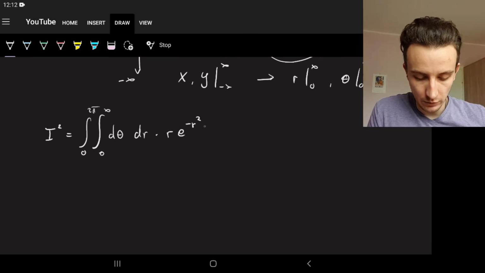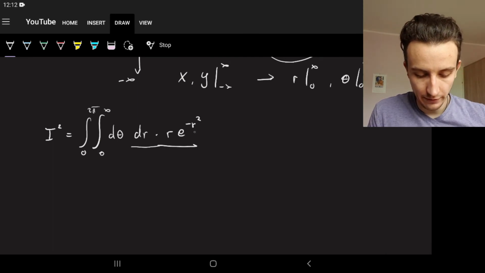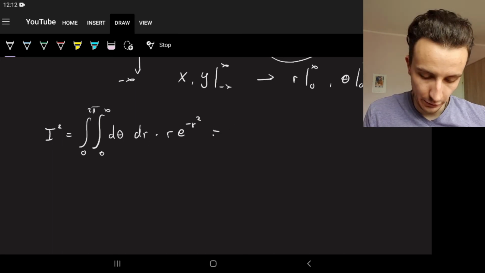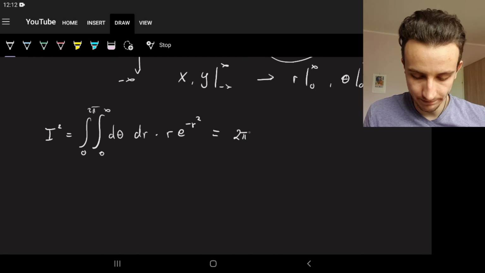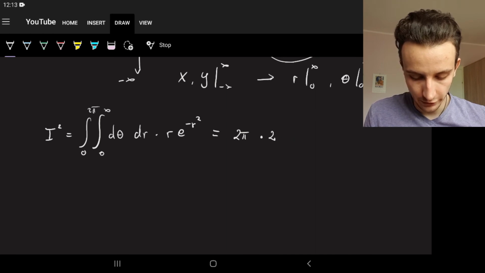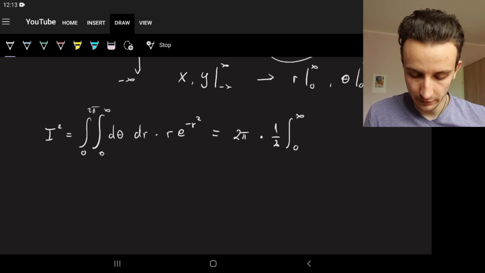So this is one integral that we're going to evaluate. The d theta part is the other. So d theta, we just get 2 pi. And then we're gonna need a substitution. Let's introduce, no, times 2. Oh, actually, times 1/2. And then we have dr times 2r e to the minus r squared.